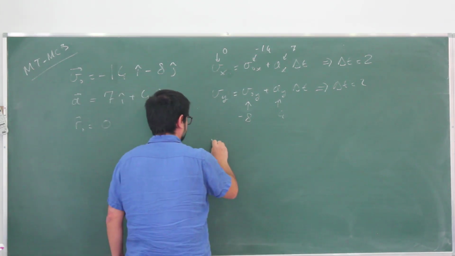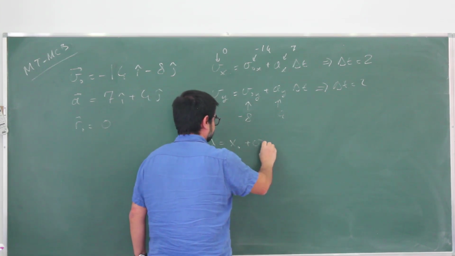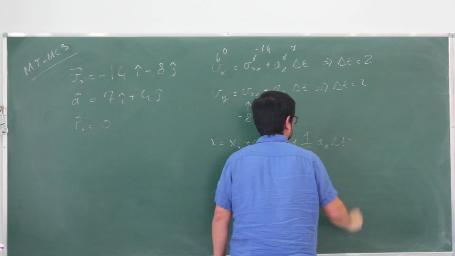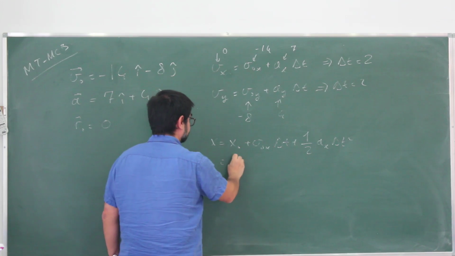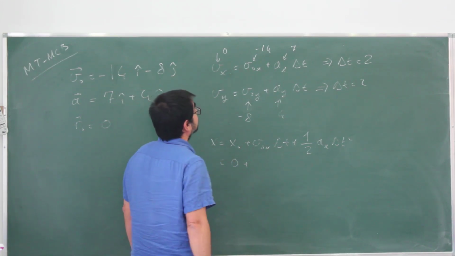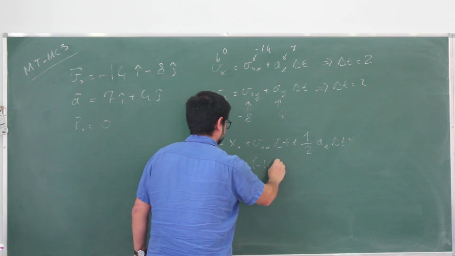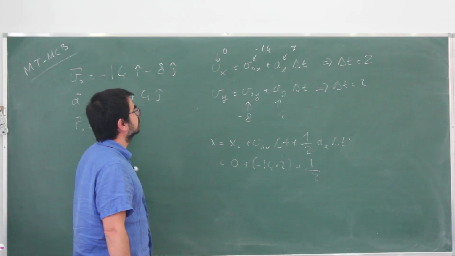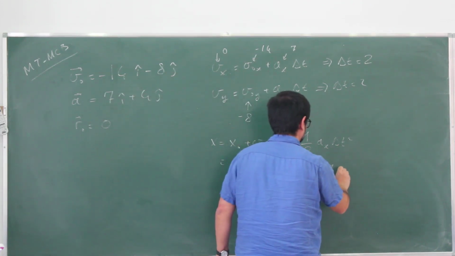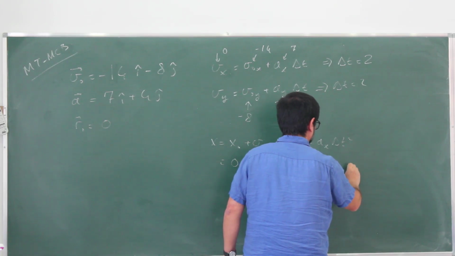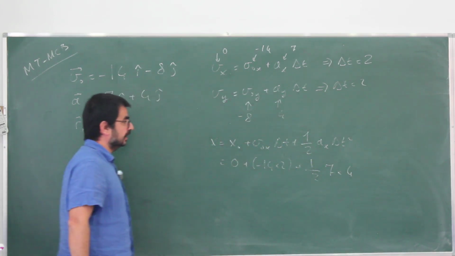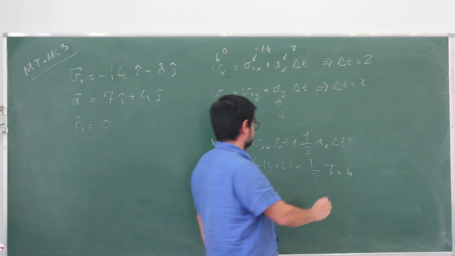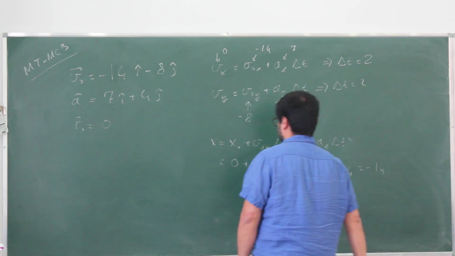Well, x is x0 plus v0x delta t plus 1/2 ax delta t squared, and this is going to be 0 plus v0x delta t is minus 14 times 2 plus 1/2 a delta t squared, so 1/2 7 times 2 squared is 4. 4 times 7 is 28, divided by 2 is 14, minus 14. This is going to be minus 14.